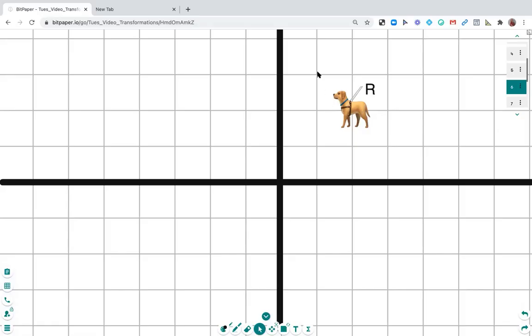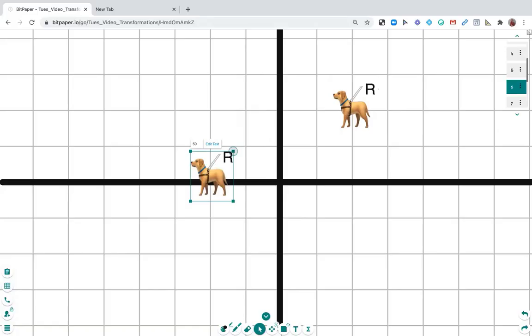And if I want to translate him across my coordinate plane, well, I could move him any direction I want. So say I want to translate him 3 left, 1, 2, 3, and 2 down, 1, 2. That was a translation because I moved him across the coordinate plane.